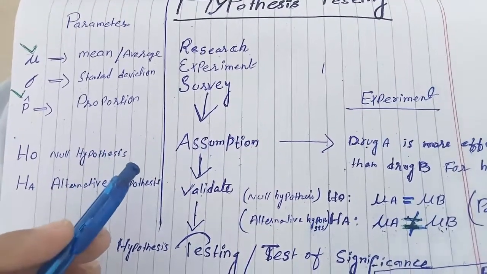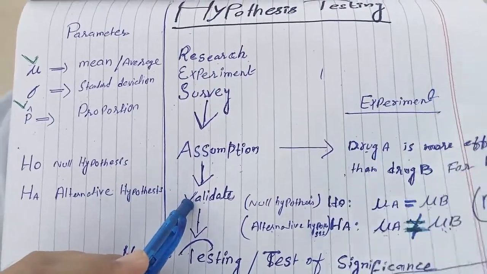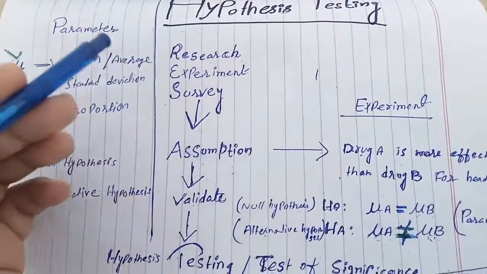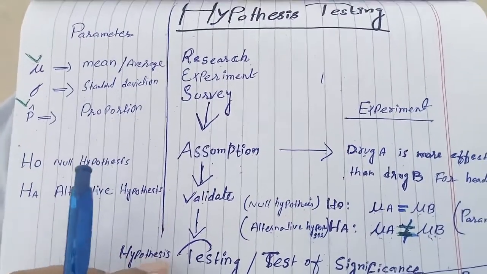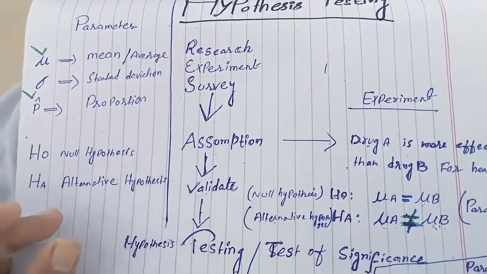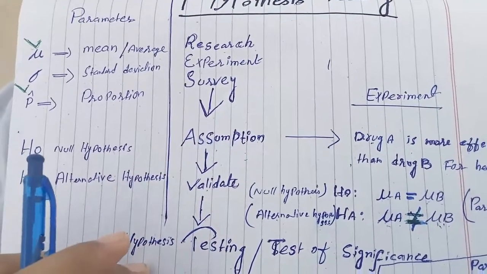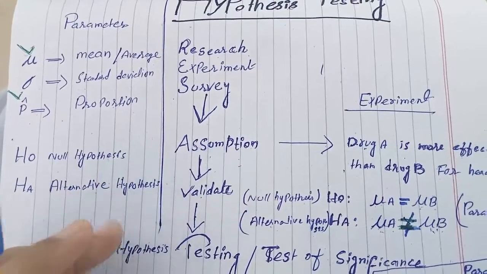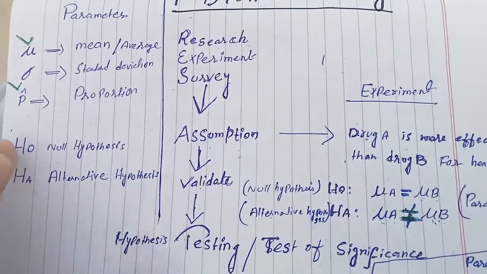The evidence in a hypothesis test is a probability. Yes, on the basis of the probability, we will support or reject any kind of assumption, or I can say claim, right?